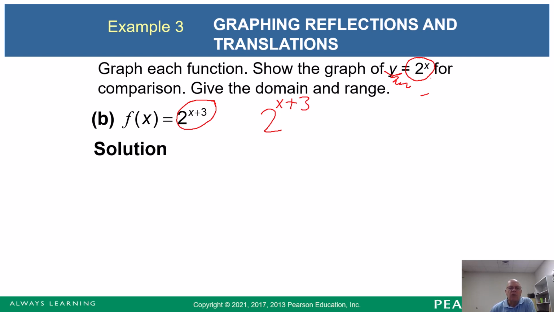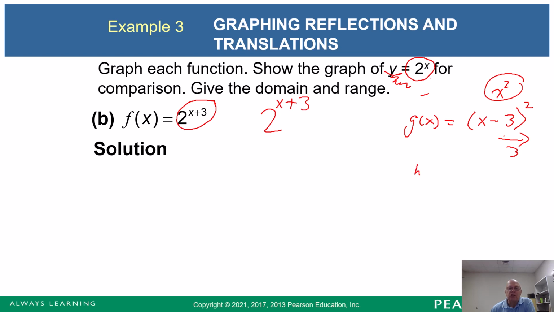Well, I want to remind you that if you have g of x, and remember the x squared function, if we make this x minus 3, for example, instead of just x, this moves this one to the right 3 units.